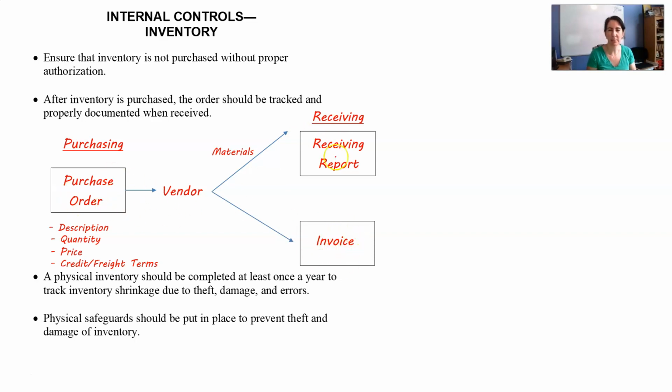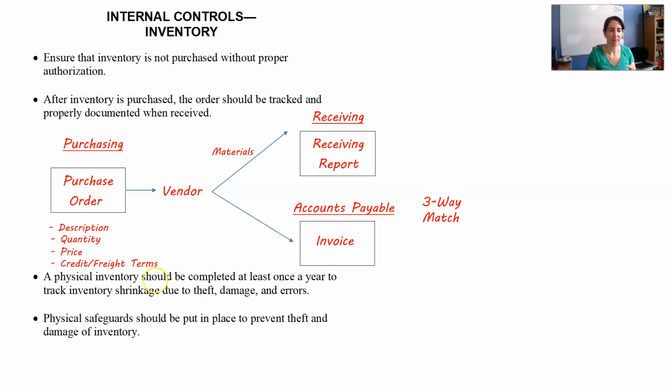All three of these pieces have to match before the bill gets paid by the company, right? And the idea is that it's to prevent people from stealing your items or purchasing things on your account and so on. So you have to have a three-way match between all of these. The invoice should match the receiving report, matches purchase order, and once all three of those things match, the bill will get paid. If there's a discrepancy, that's when you find the problems.